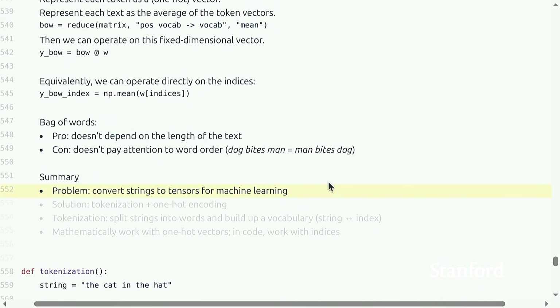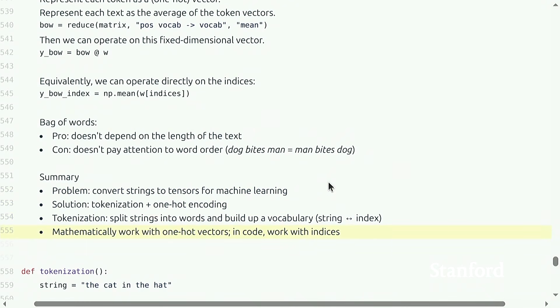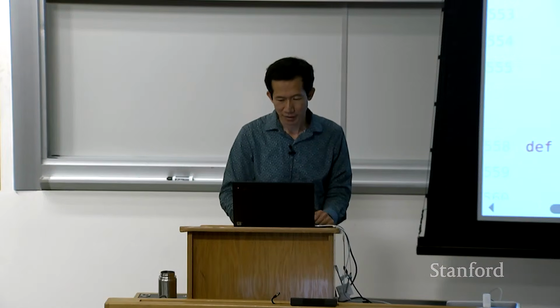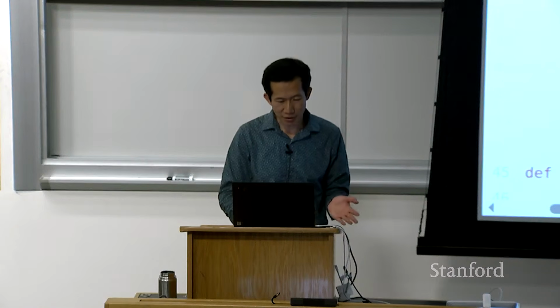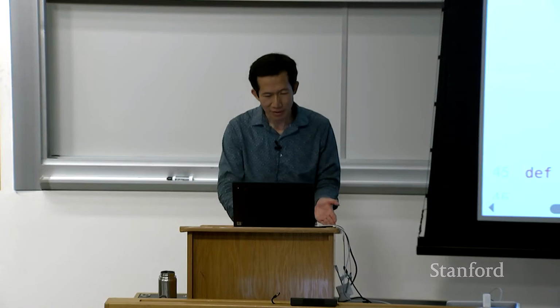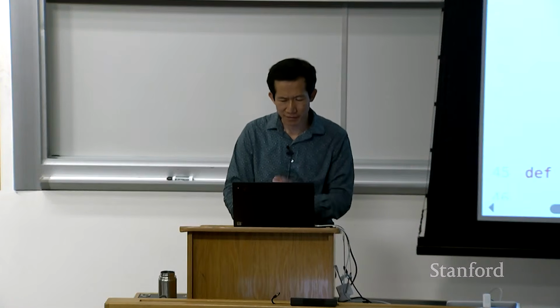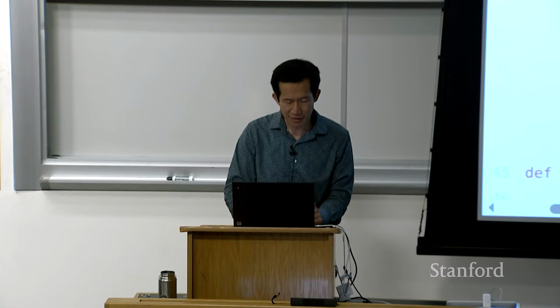Okay, so to sum up, we convert strings into tensors using tokenization and one-hot encoding. And for the one-hot encoding, it's convenient to think about them mathematically as just vectors, but in code, sometimes it can be useful to work with the indices directly. So in this lecture, we've talked about linear classification, where we map to a fixed set of k choices.